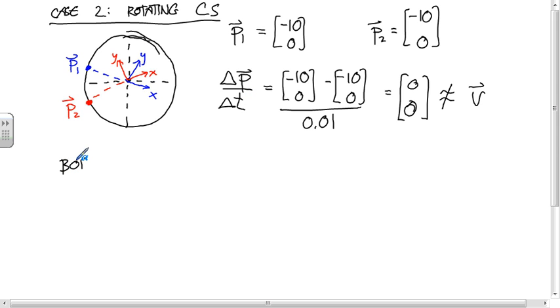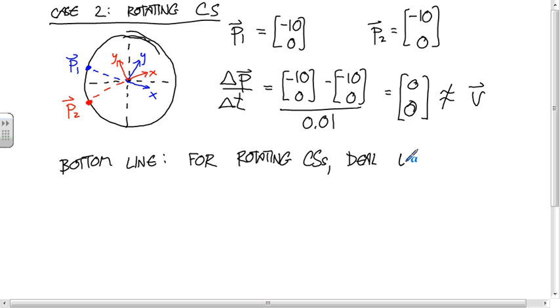So the bottom line for rotating coordinate systems, you're going to have to deal with derivatives differently. So that was meant to be just an intuitive physical explanation of why this happens.